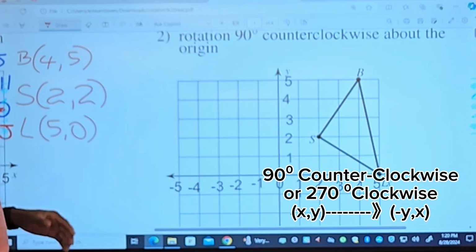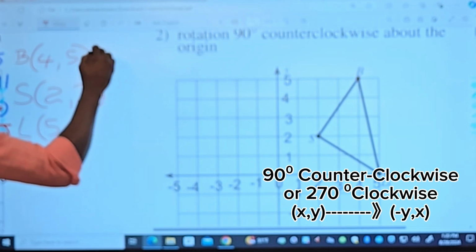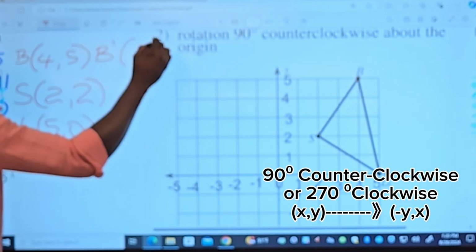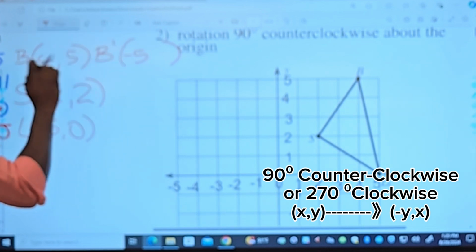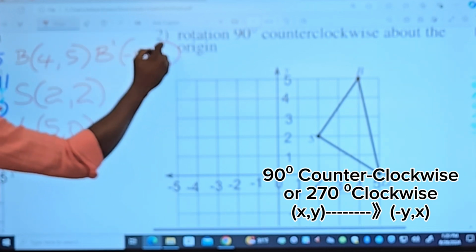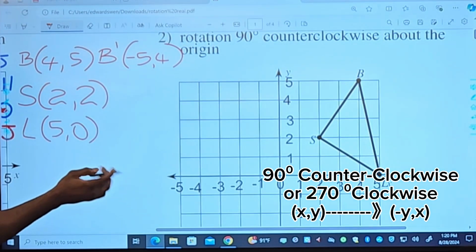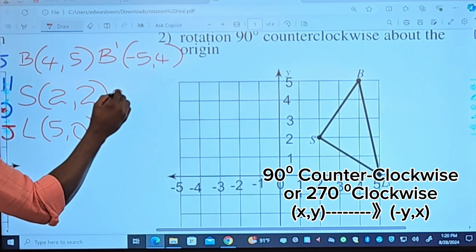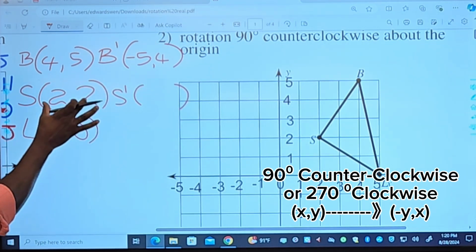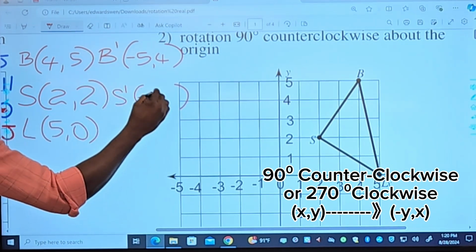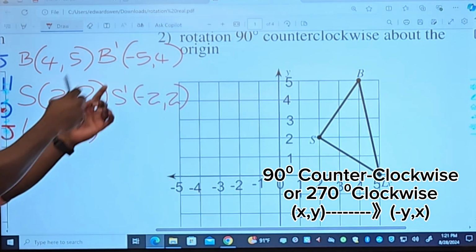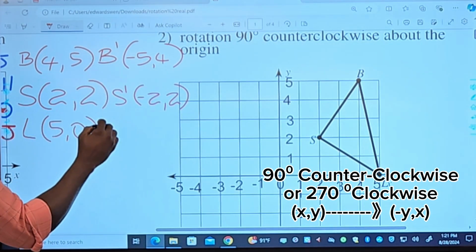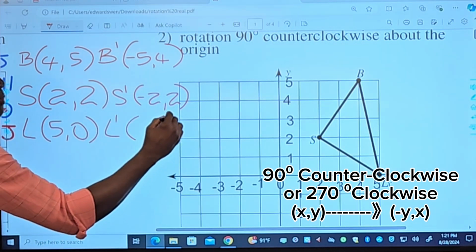All right? So what you're going to do here, we have B prime now, right? So you're going to be switching this. The one that goes at the front will change its sign. Positive becomes -5. The 4 still remains. Right? This one, S prime. Well, we have the same number, so the one at the front will be negative and this will be positive, right? Because remember when you switch. L prime.